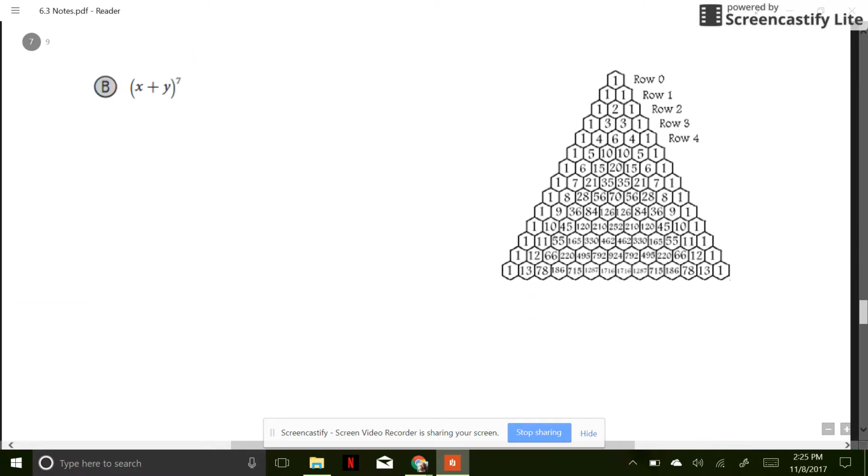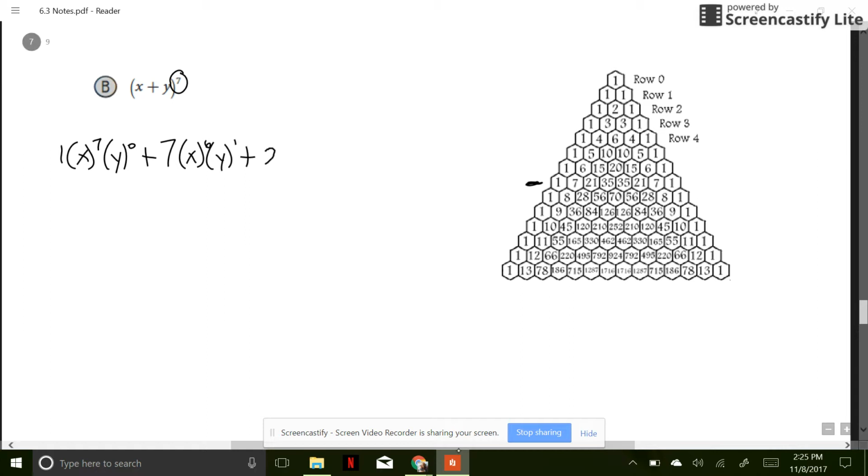We got a long one here because we're to the 7th power, so we need to find row 7. That's this one right here. So our first coefficient is 1. We take the first term, x to the 7th, y to 0, plus second coefficient is 7, x to the 6th, y to the 1.